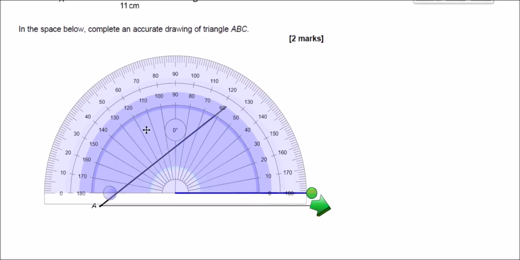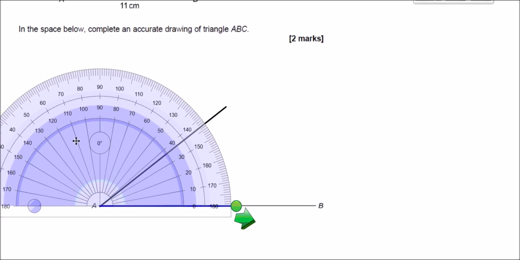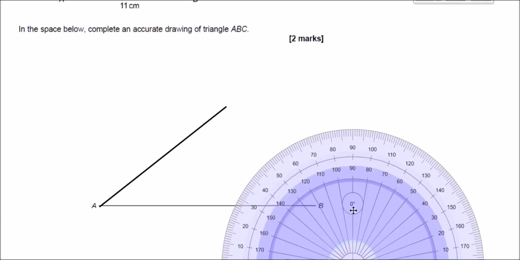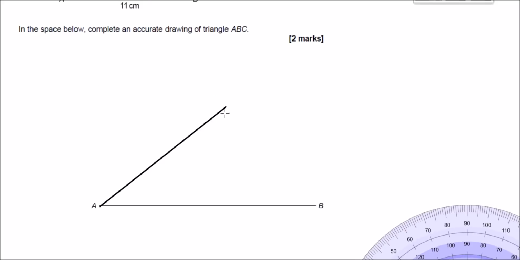And so that angle now you should find is 37 degrees. Like so, and then the other line, we just join these 2 points together to get the other one. And we need to label this one C. And so your drawing should look something very close to mine in terms of the angles and the proportions. A, B, and C at the top.